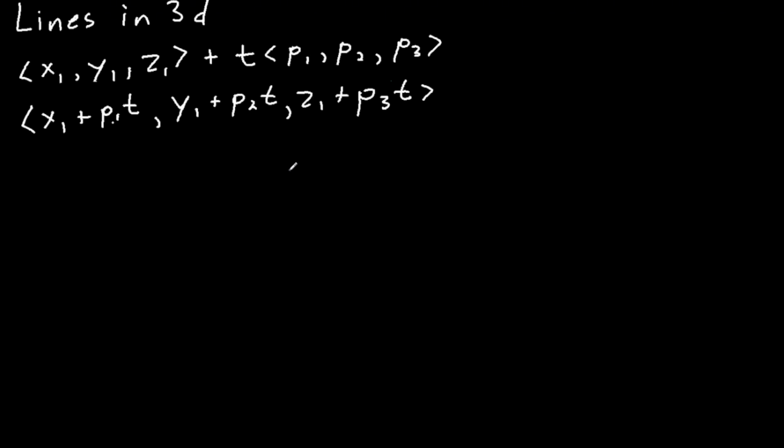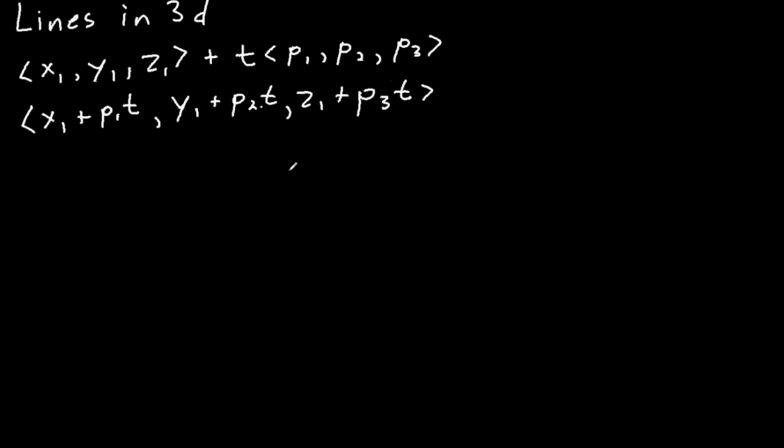I plugged in p1 to the x because p1 is the corresponding i hat value, or x value. p2 is the corresponding j hat value, or y value. So I plugged in p2 into the y value part of this. And then I plugged in p3 into this. So these are the two ways you could represent a line in three-dimensional space using vectors.